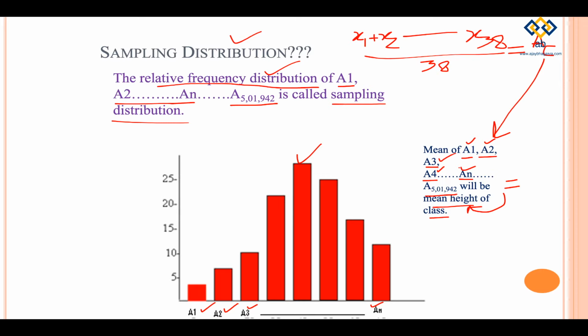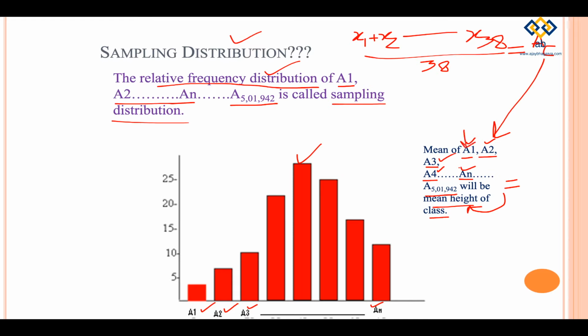So this is an important thing. What we are trying to understand here is that the sampling distribution has means as its observations, not the actual data that you have. The actual data was the weight of one individual student, but the sampling distribution does not have the weight of one individual student. It has the mean weight of samples. So A1 is not a simple student's weight.